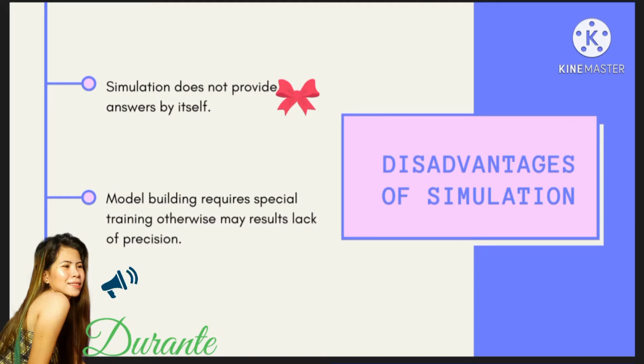Lahat ng pwedeng factor na maka-affect dun sa problema or connected dun sa problema, you have to provide everything. Kasi hindi yun pagpapagawa ka ng model, kasi ganito yung problema ko without providing information. So, paano mo masosolve ang isang problema?